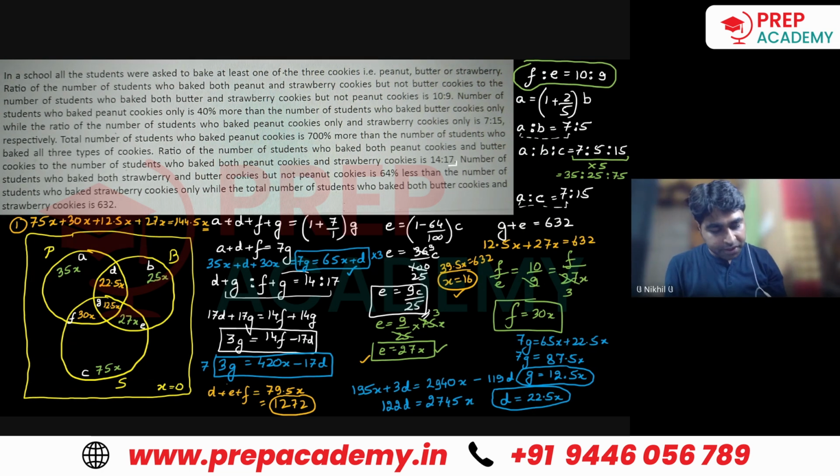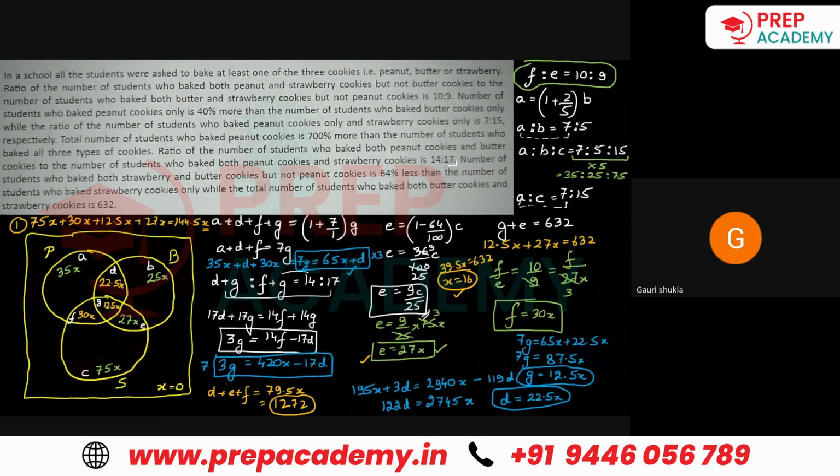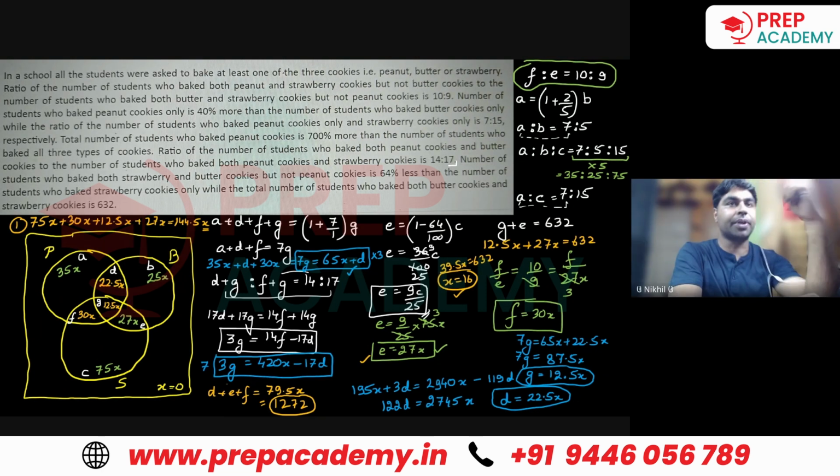Okay, only 2 questions were there? No, there are others. A certain number of aspirants, which is the same as the number of students who bake only... So this is a new question. Okay, let's do this question. But before that, let me do the remaining questions.